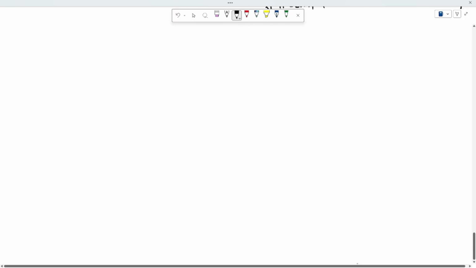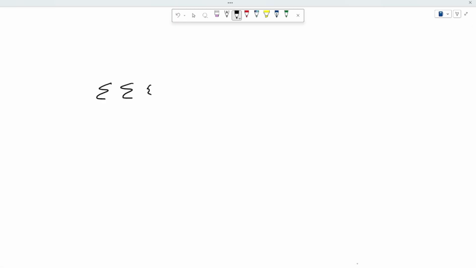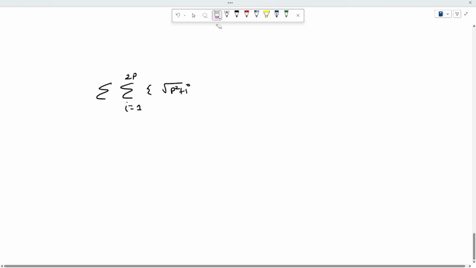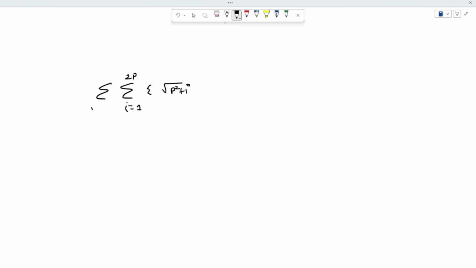I will write it down, this expression. The sum of the fractional part of the square root of p square plus i, for i equals 1 to 2p, and p equals 1 to n minus 1.